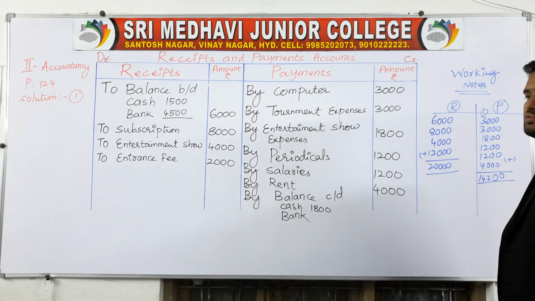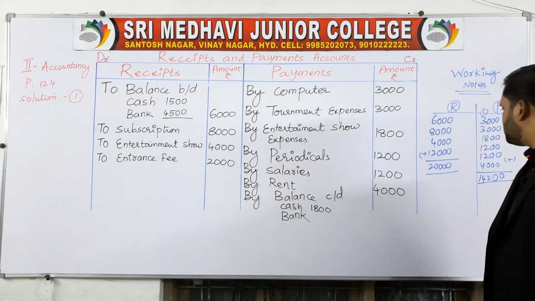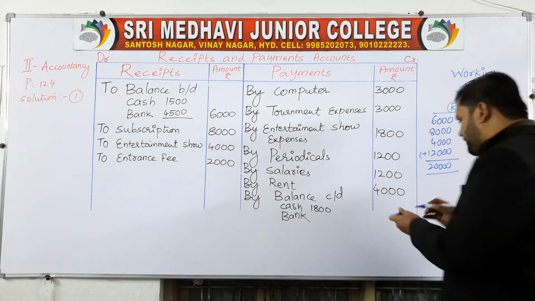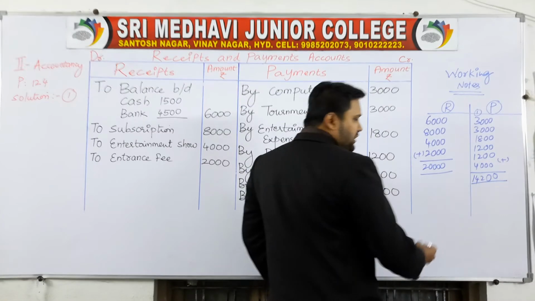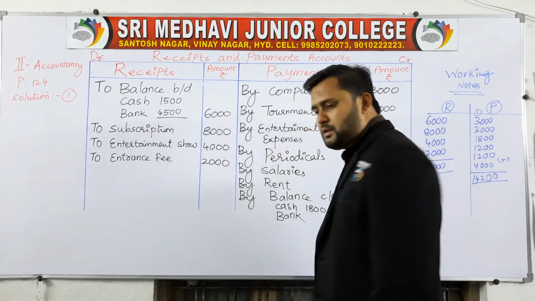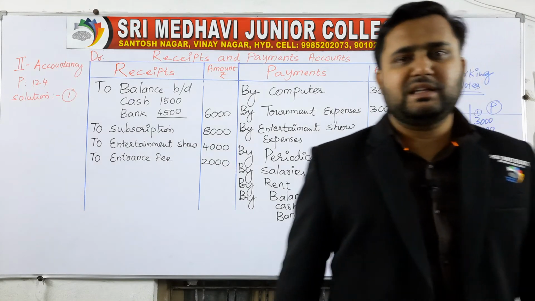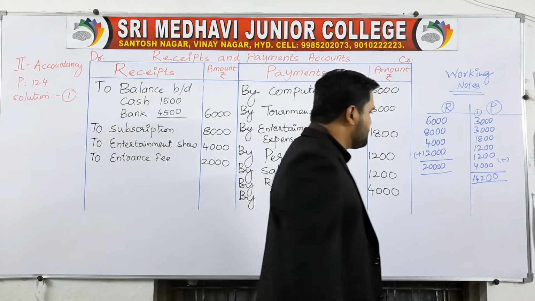So 14,200 you have made in payments. Now from 20,000 minus the amount 14,200.